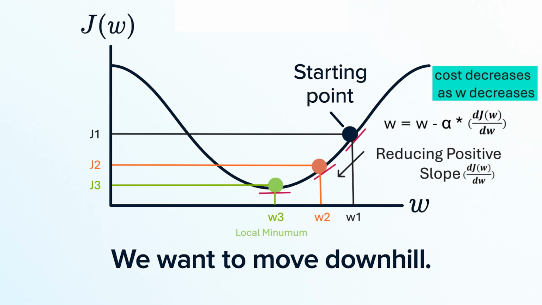Beautiful. Gradient descent just said, hey, the cost goes down if you go left. Let's go that way. Gradient descent continues moving left toward the local minimum until the derivative of J approaches zero and there is no more noticeable change in cost.